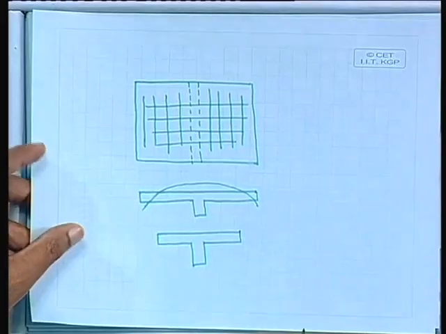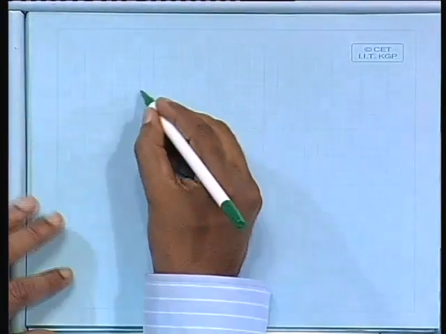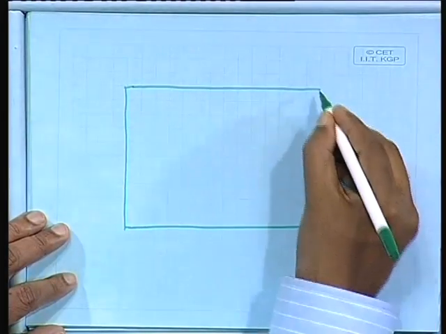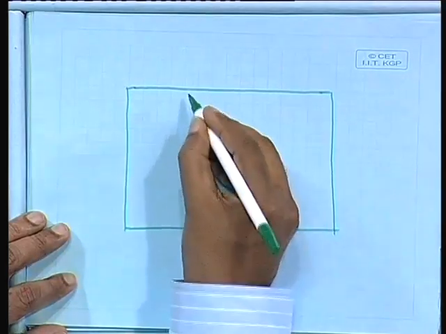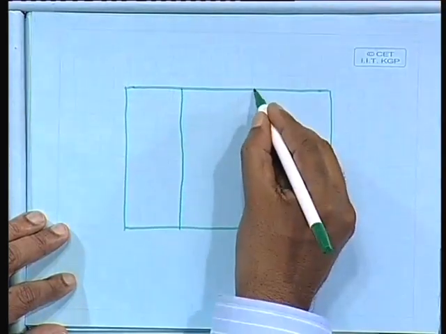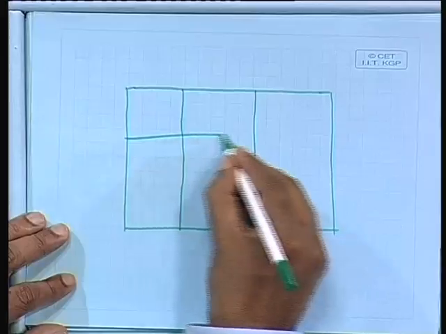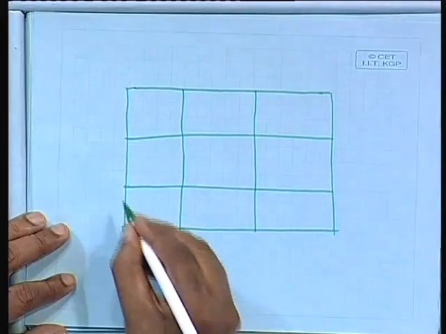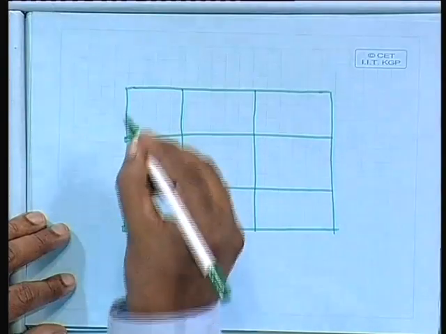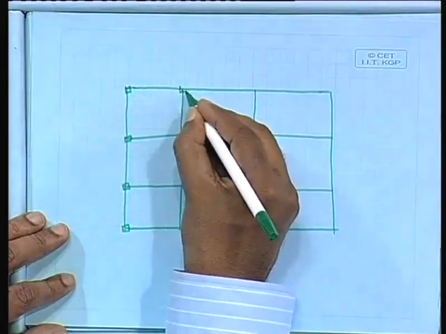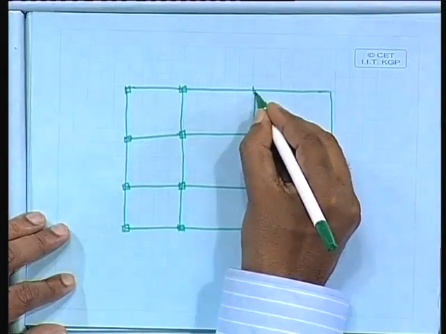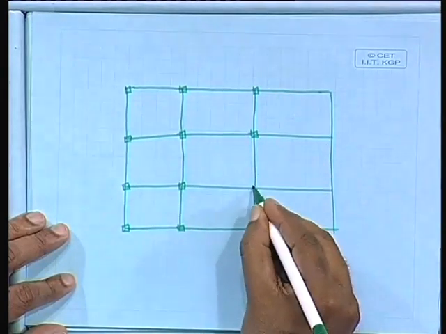Typically what happens actually, say we are considering a building. We have so many compartments, let us say these are the different compartments, these are the beams, and we have columns here, these are the column positions.